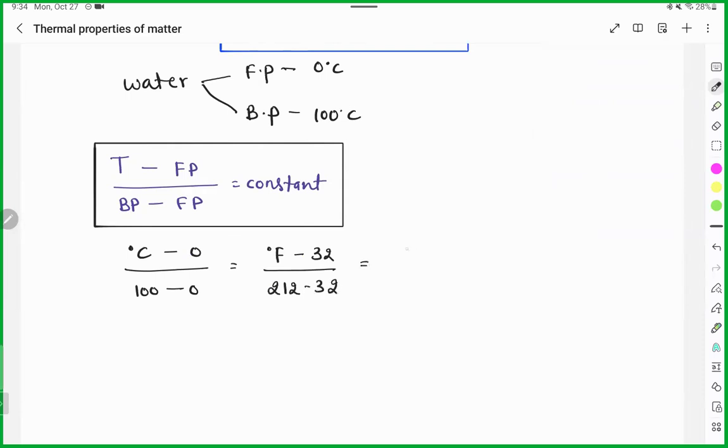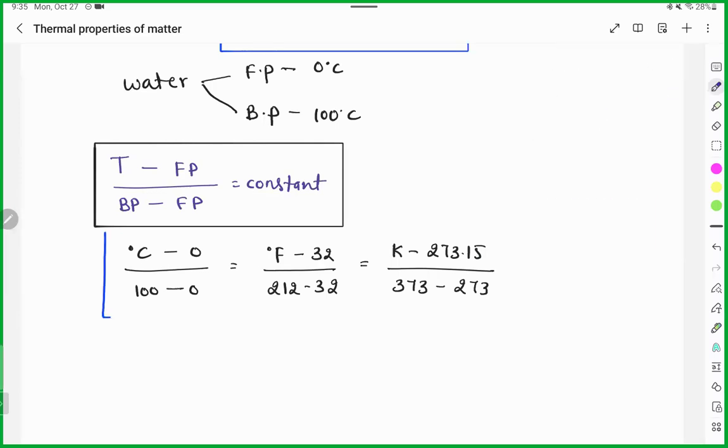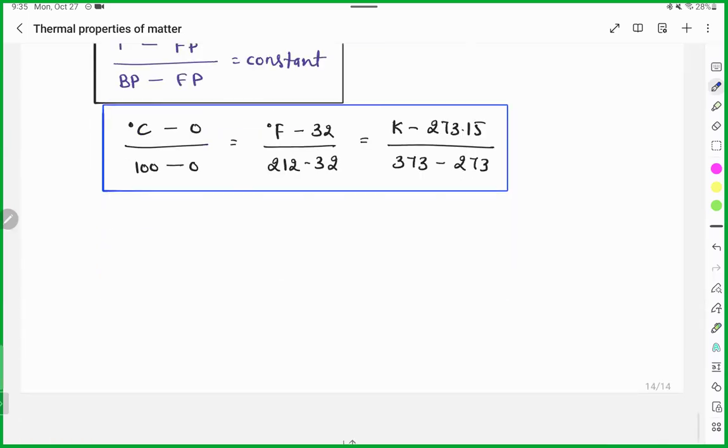In Kelvin, freezing point of water is 273.15, divided by boiling point 373 minus 273. Actually, we also use 0.15, but we are ignoring it because it's easy to do calculation. So these are the three versions most commonly we use.